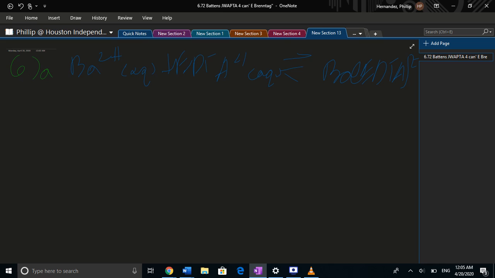So for the barium ion, we have 0.50 liters and 0.30 moles.